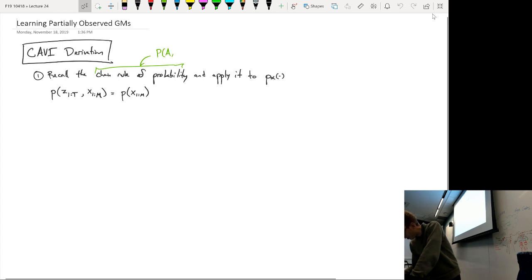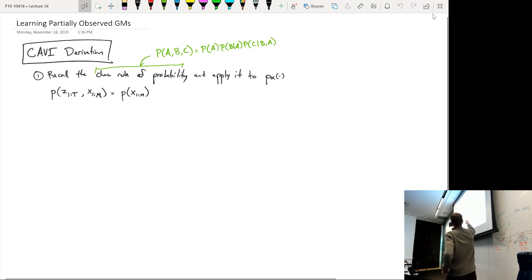So P of A, B, and C is equal to P of A times P of B given A, times P of C given B and A. And we could write that out in any order for those three variables.